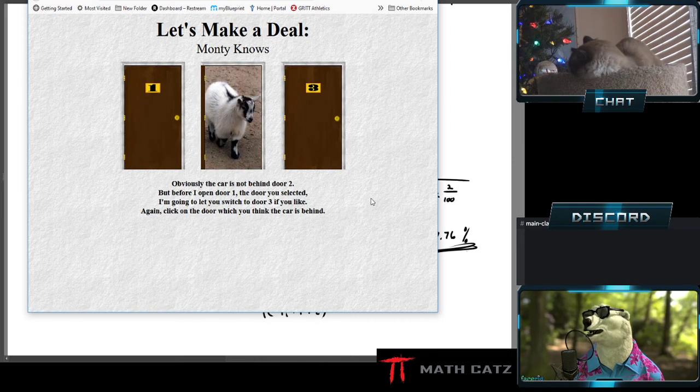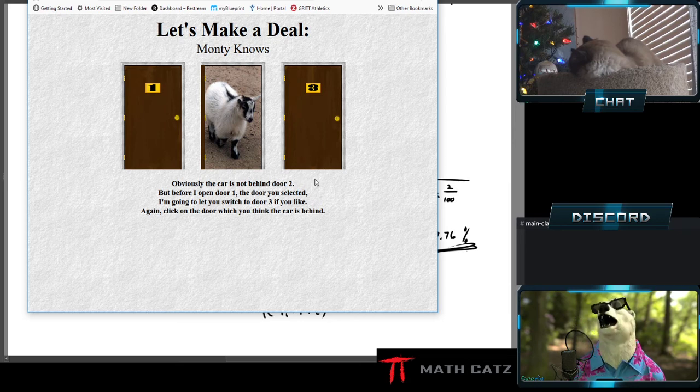Then the game show host is going to show you another door. I picked door one. I don't know what's behind it. I could be right, I could be wrong. They're going to open another door and reveal a goat, because there are always two goats. So one of the other doors will always have a goat.